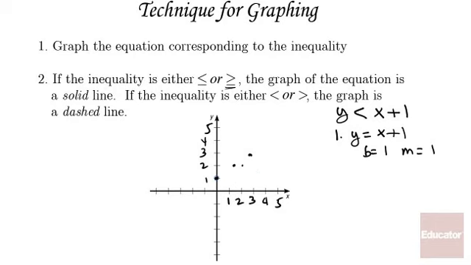So I had y is 1, go up by 1. That's going to give me the point 2, 3. And then increase again, each of these by 1 and on up. And I could also do that going back down. This will allow me to form a line, but because it's a strict inequality, I'm going to use a dashed line.